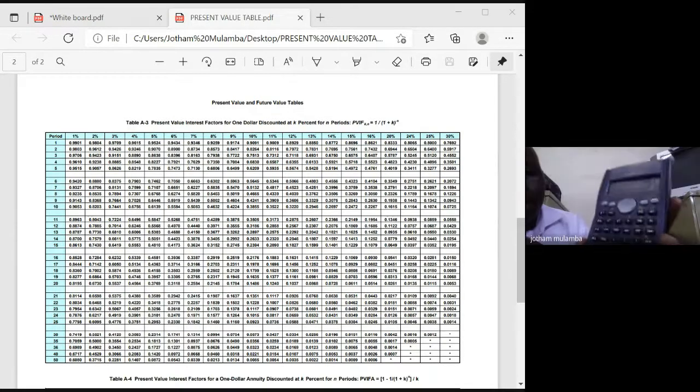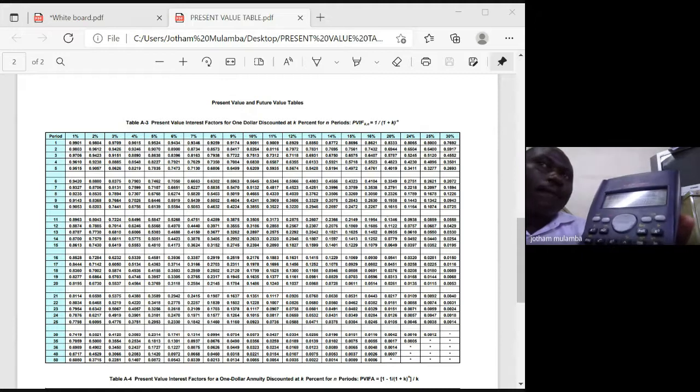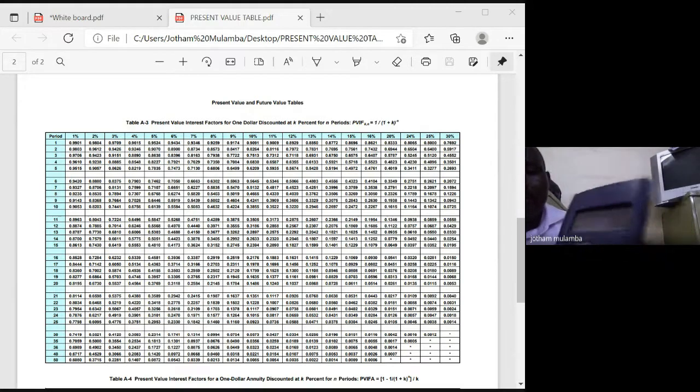Now on the calculator, we want to calculate the PVIF at 19%. So for us to calculate PVIF at 19%, we press 1, then press divide by. Then after pressing divide by, you open the bracket. It's 1, then plus 19%.